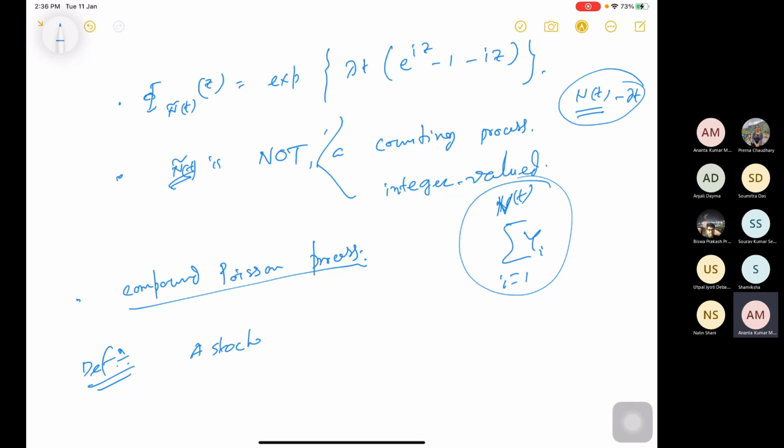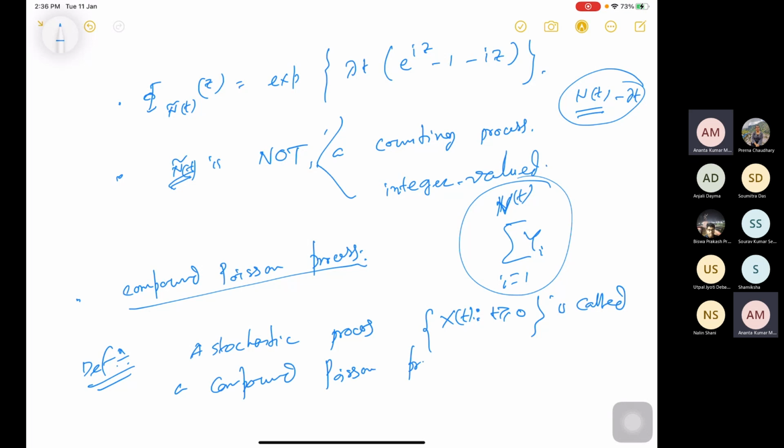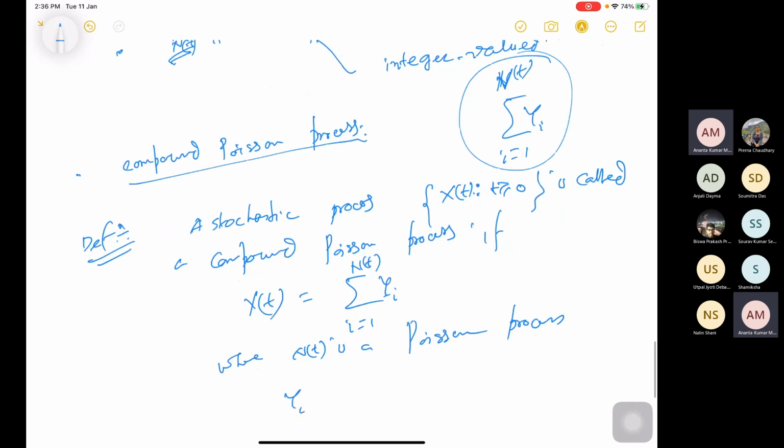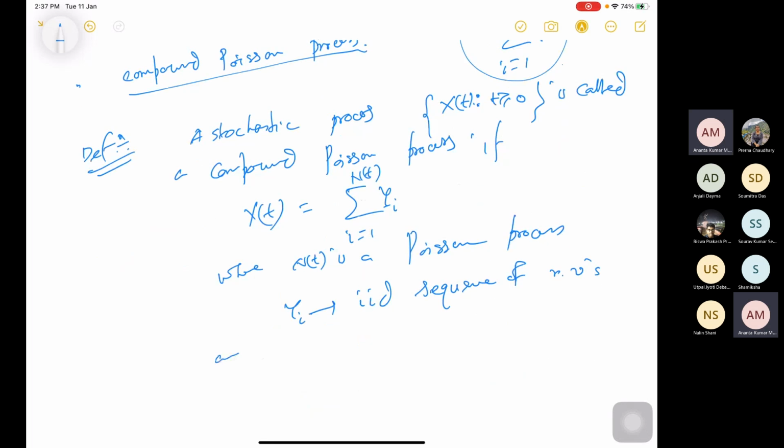A stochastic process X_t, with t greater than or equal to 0, is called a compound Poisson process if X_t can be written as the summation over i equal to 1 to N_t of Y_i, where N_t is a Poisson process and the Y_i are an IID sequence of random variables independent of N_t. Why are they IID and independent of N_t?